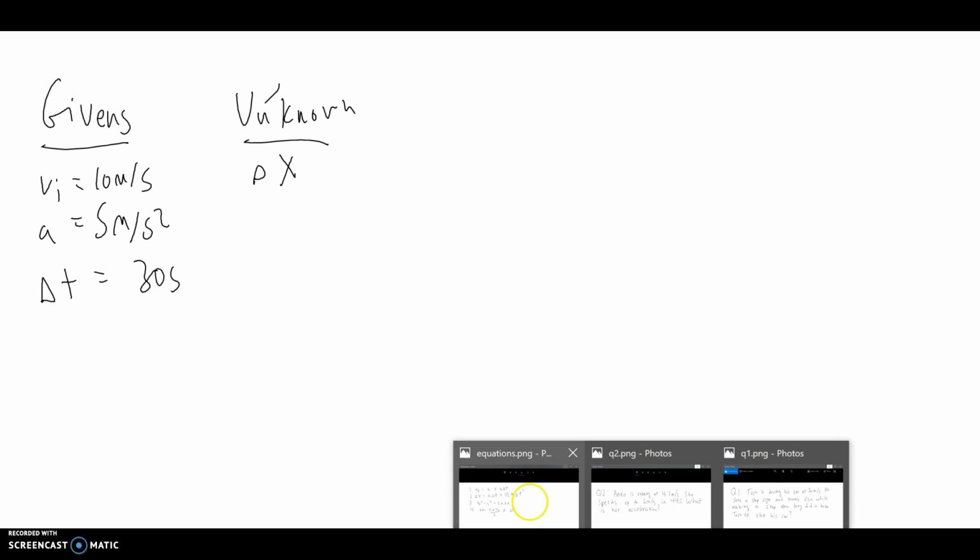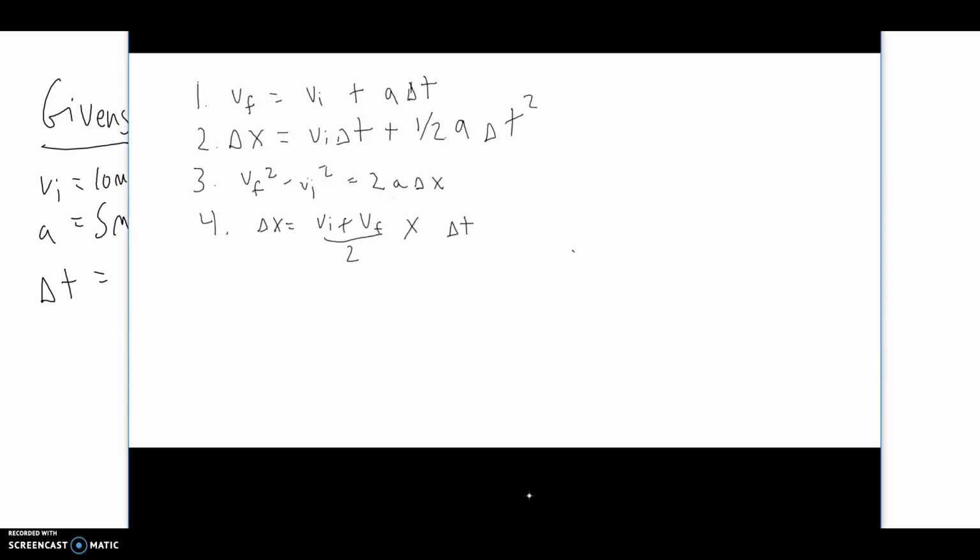So what equation are we going to use? Let's take a look. We need vi, we need a, we need t, and we also need delta x. So why don't you pause for a second right here and try to find what equation has it. Okay, so the correct equation would be equation number 2. It has all 4 of the variables that we want to use.